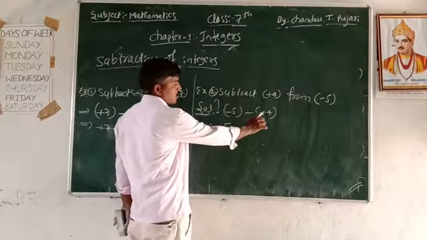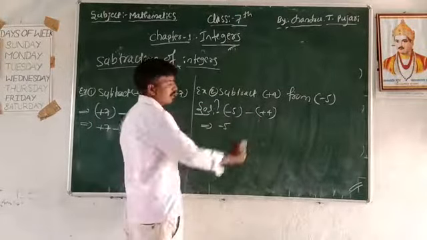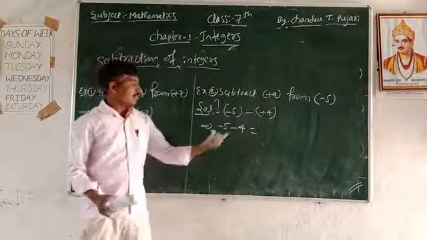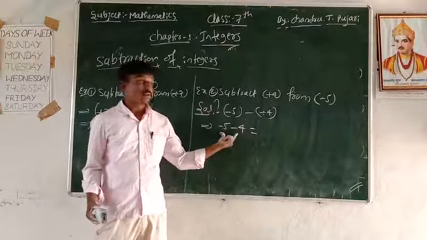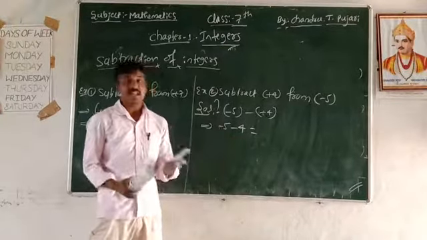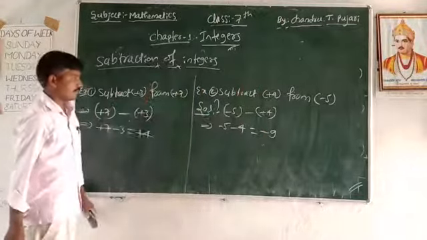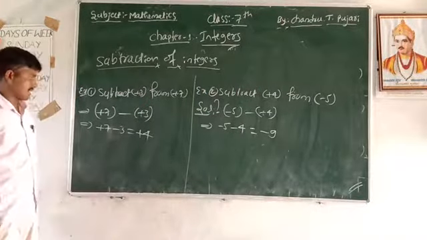Again, by the multiplication rules, minus times plus is minus. Therefore, by the addition rule, adding negative integers gives a negative. Therefore, minus 9 is the answer.